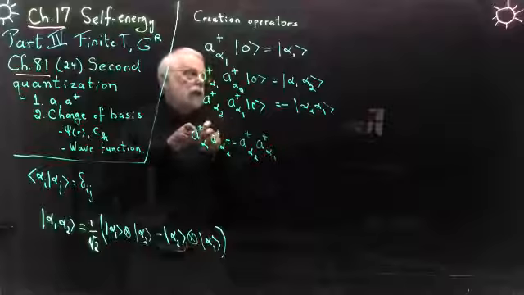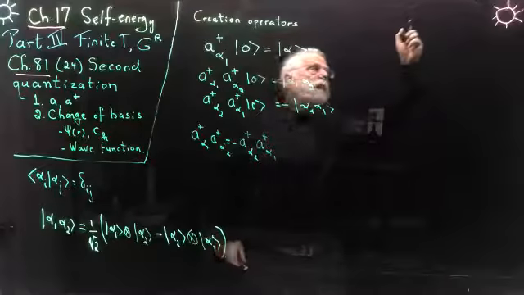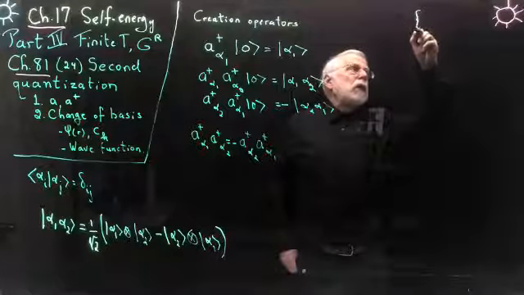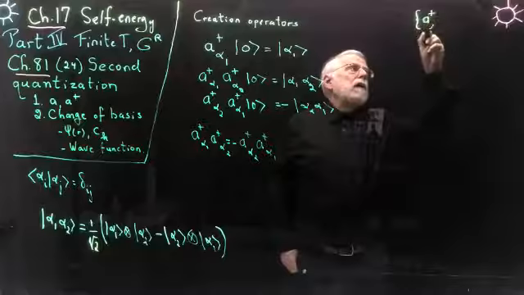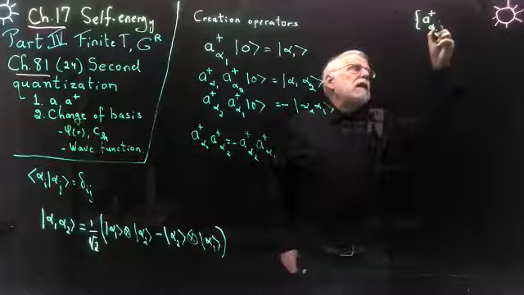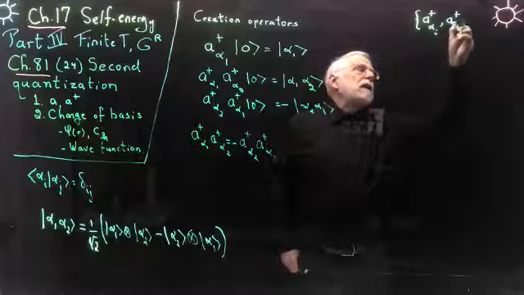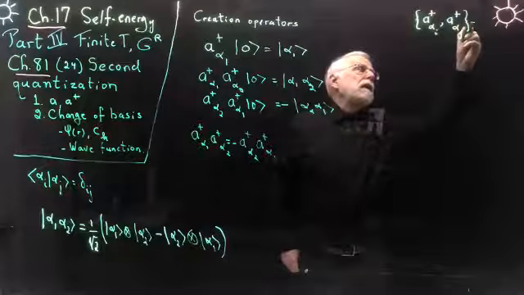So we have a first result that we write this way. We define this bracket here as the anti-commutator. So A dagger of alpha in state i times A dagger alpha j is equal to 0.